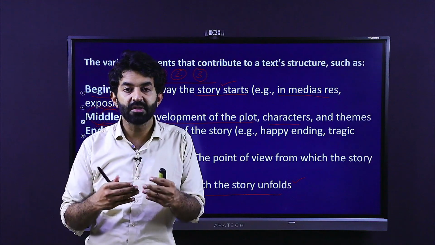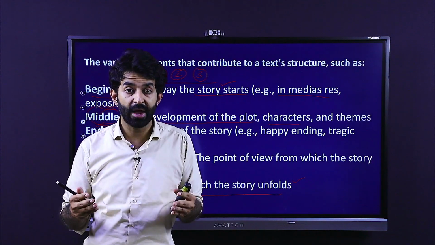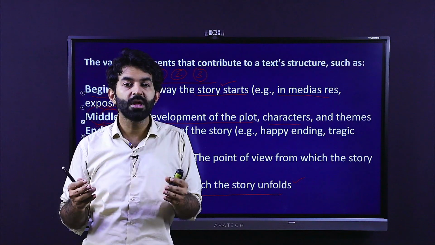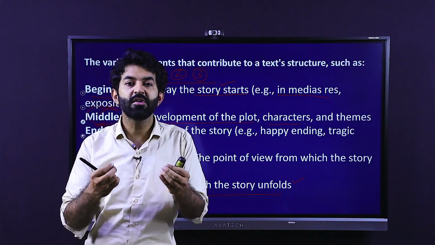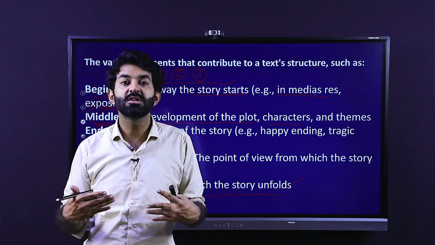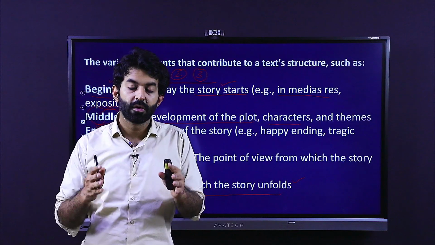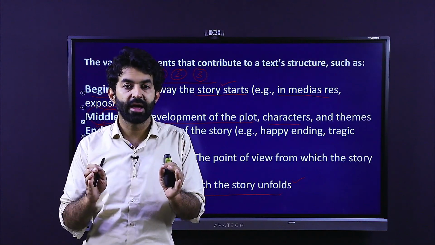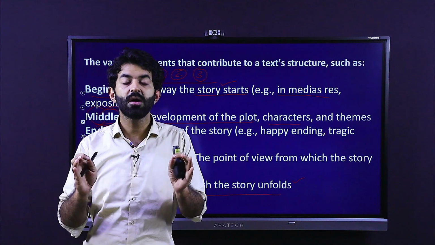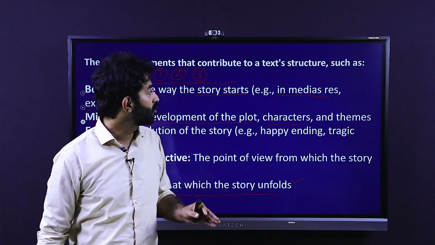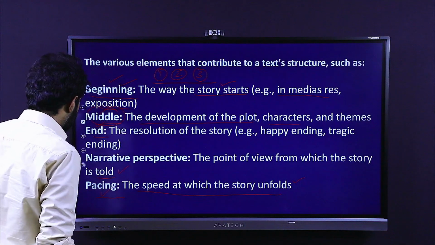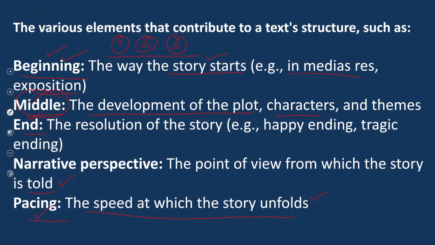Is it telling everything in a fast way, or is the story having a slow pace where everything is included and the description is added more and more? So you can decide and you can analyze the story according to the pace as well. So we can talk about the beginning of a story, the middle, the end, the narrative perspective, and also the pacing, the speed at which the story is told.